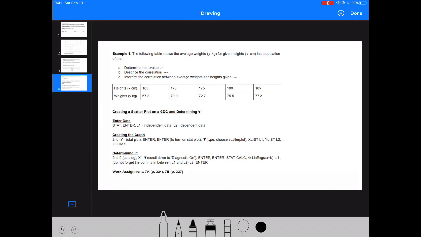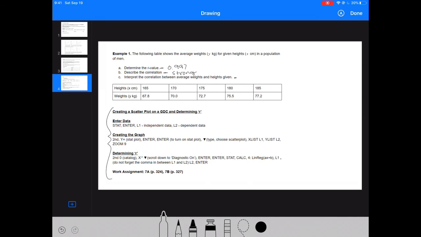Following the instructions below, you can see the screen capture also linked in the unit outline. You should be able to determine the R value and describe the correlation. So for me, the R value, you should get 0.997, which is a strong correlation.